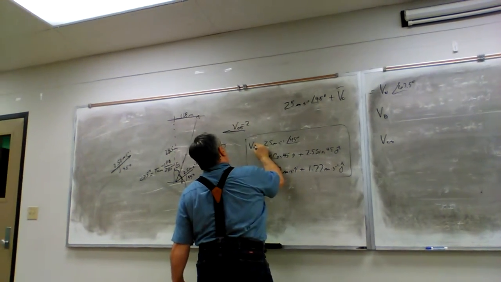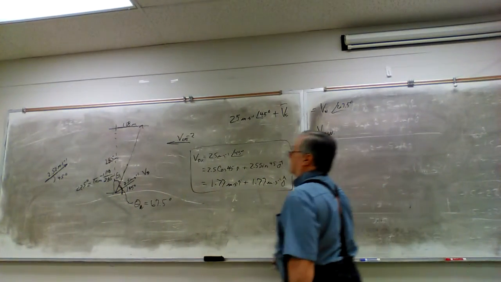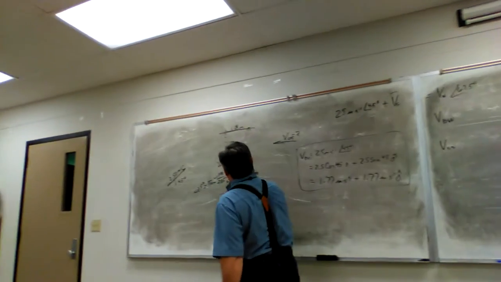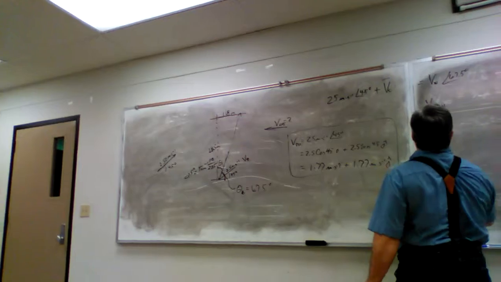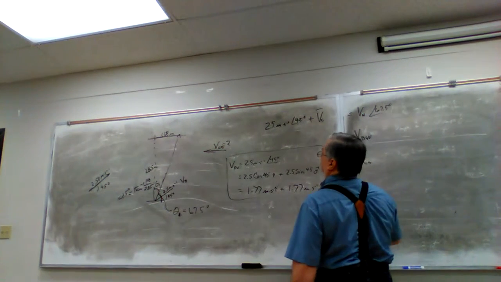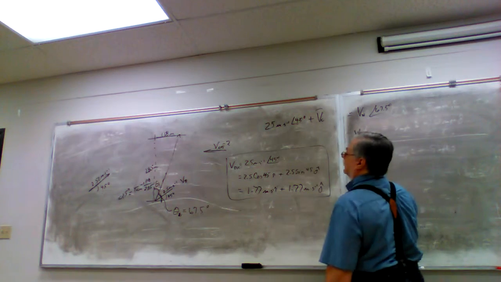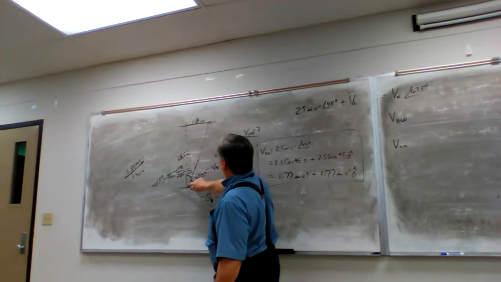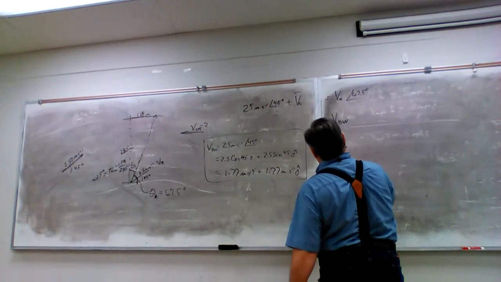This is the velocity of the boat relative to the water. The velocity of the water, the current, relative to the shore, and the vector sum will be the net velocity of the boat.